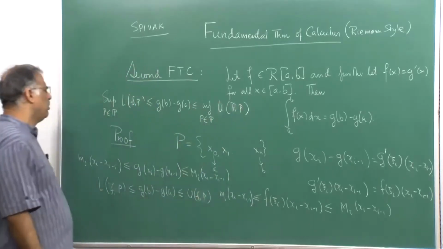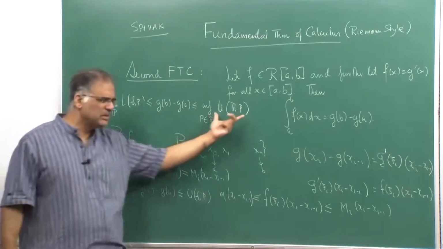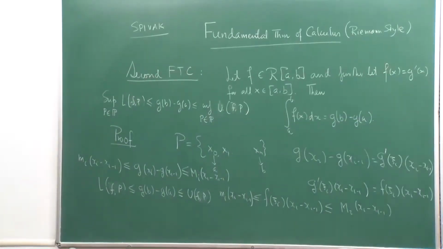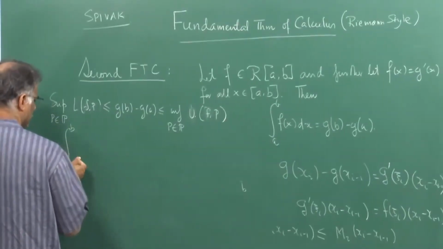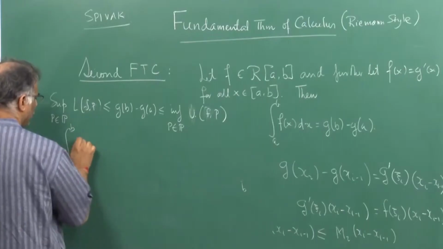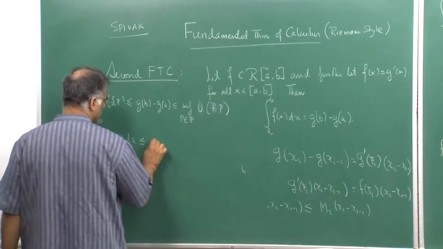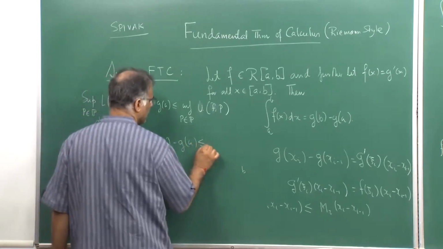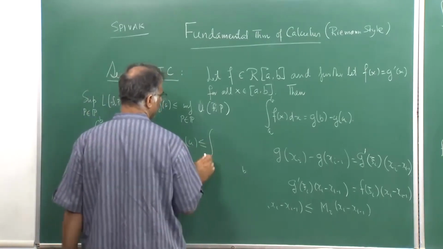But because the function is integrable, this is nothing but the integral and this is nothing but the integral by definition. That simply means that the integral from A to B of f equals G(B) minus G(A). So, you see integrability is used, not the continuity of f. Even if f is continuous, we really do not require the continuity argument.